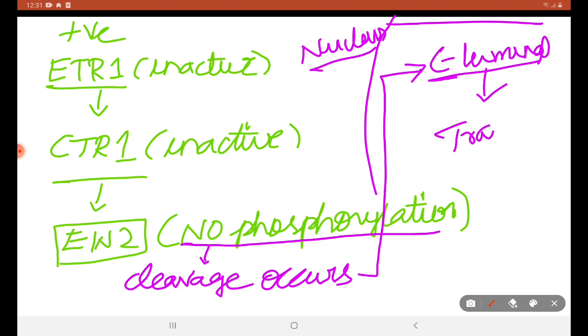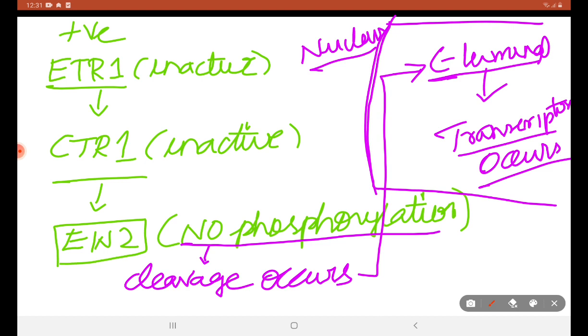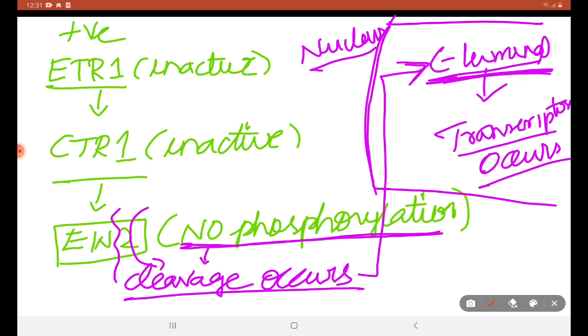Transcription occurs. This is the major difference. In the absence of phosphorylation, cleavage occurs. Because of this cleavage, one end, that is the C-terminal end, will enter the nucleus, and transcription occurs accordingly.